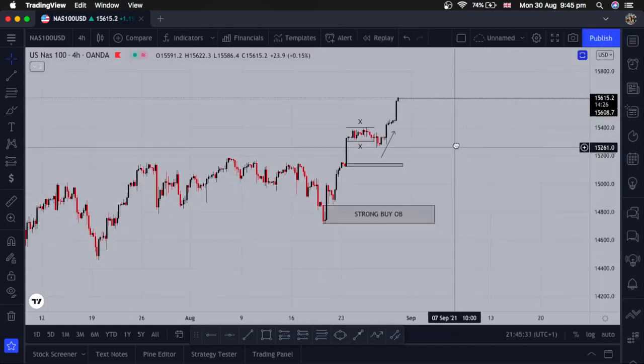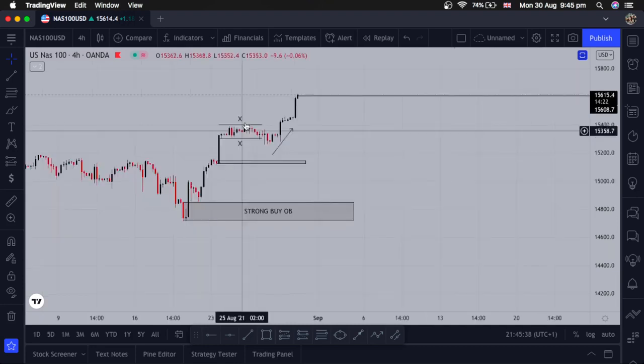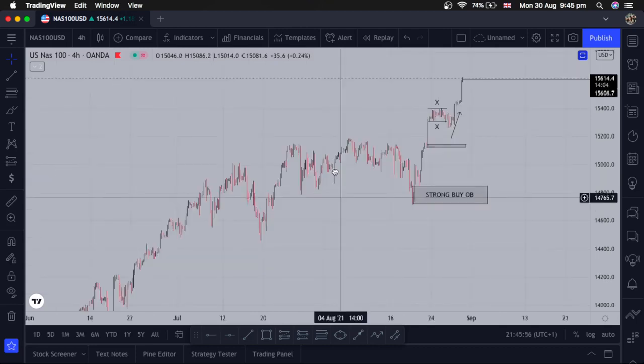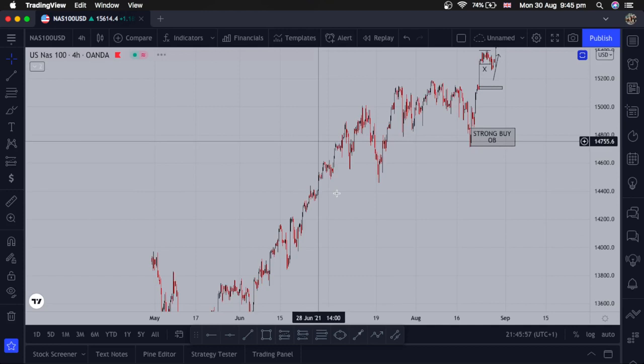I have my order blocks marked up, but every time it consolidates, it goes down, stops all the buyers out, and then it shoots up and stops all the sellers out. But it doesn't seem to be going down to the order blocks and retesting, as Nasdaq is always in a rally. It does have huge dips sometimes, but it's very unpredictable.